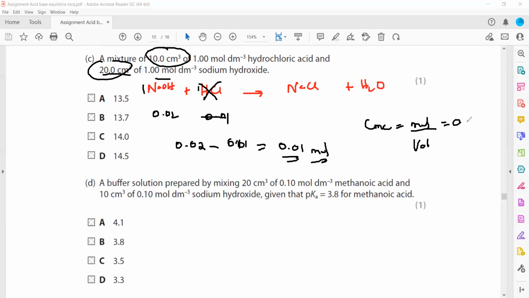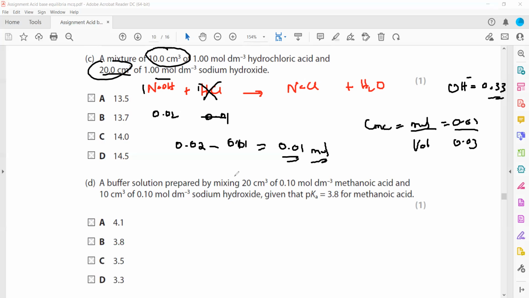So moles are 0.01 and the volume is not 10 or 20, it's 30, because the two solutions are mixed with each other. So it will be 30 divided by 1000, that is 0.03. So 0.01 divided by 0.03 is 0.33. That's the concentration of hydroxide ion, 0.333.